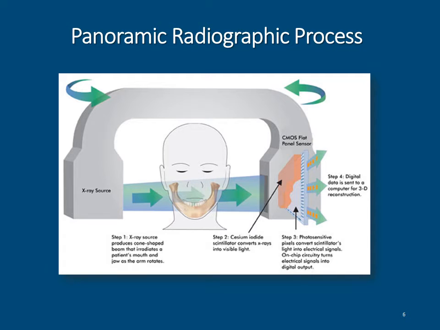The process of taking a panoramic radiograph is demonstrated in this image. You will see that the X-ray source is on the opposite side of the image receptor. So as the radiation is initiated within this X-ray tube head, it is sent to the opposing side, which holds a cassette that has a specially photosensitive type of film, and the image then is placed on this opposite side.